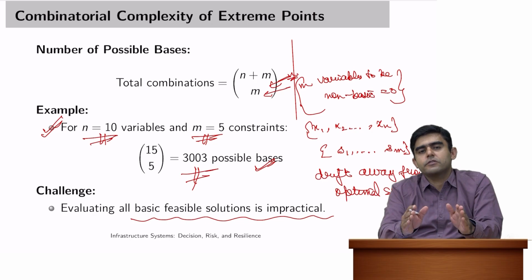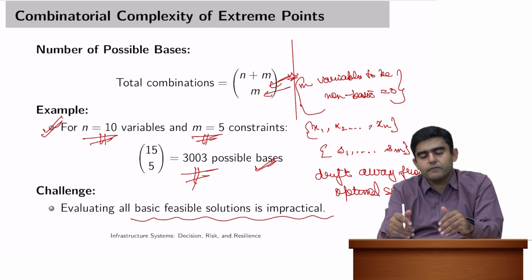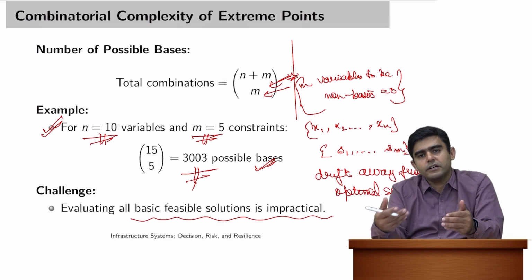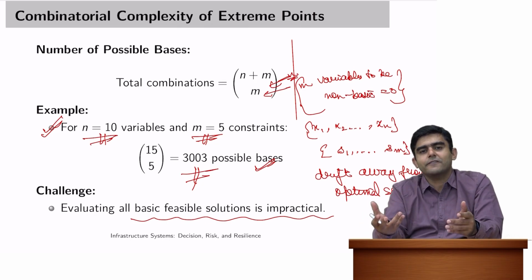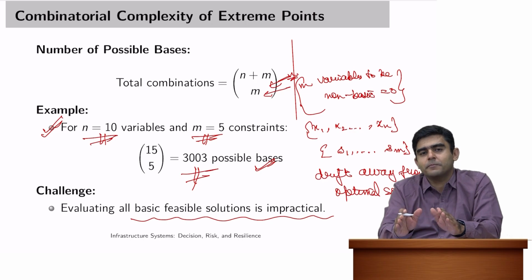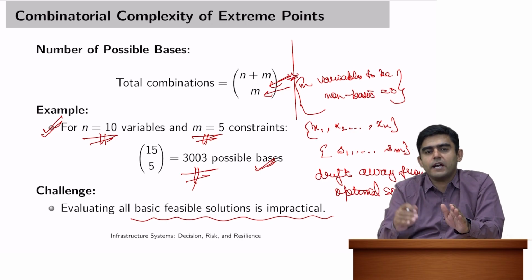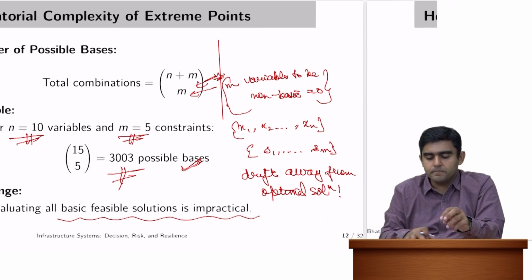Also, when I say non-zero solutions, I'm not saying that the basic variables cannot assume a value of 0. They can, of course, during optimization take a value of 0, but I am not forcing them by choice to be 0 as I'm doing with non-basic variables.